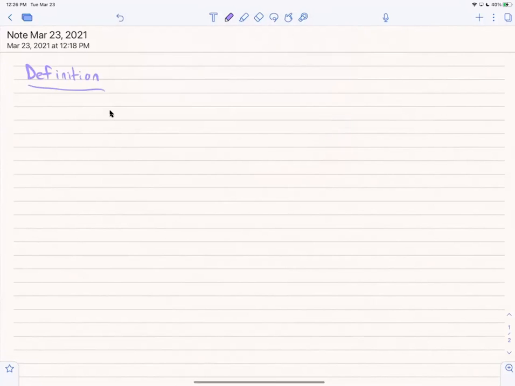Okay, so the first is an algebraically closed field.